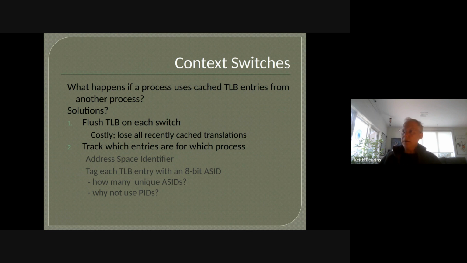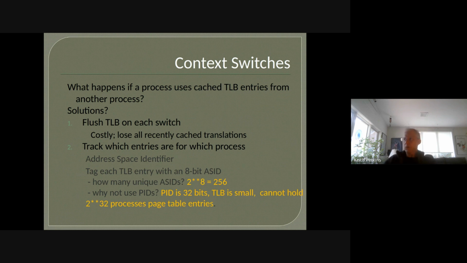And that way, if you switch from process 1 to 2, then just save process 1's TLB entries. But what this is going to require you to do is have an additional field in the TLB, a field that's going to track what process a TLB entry is associated with.